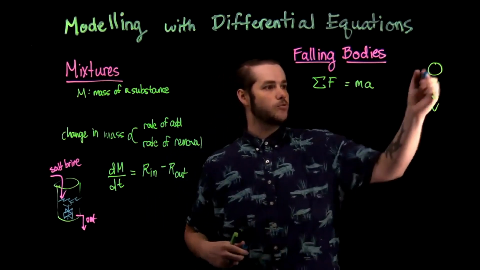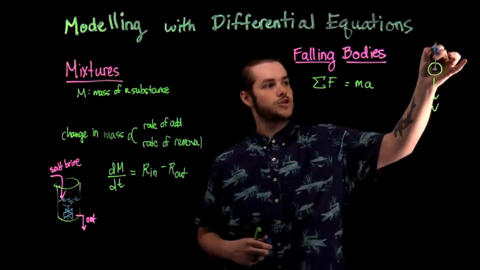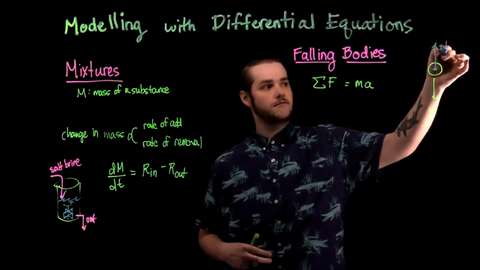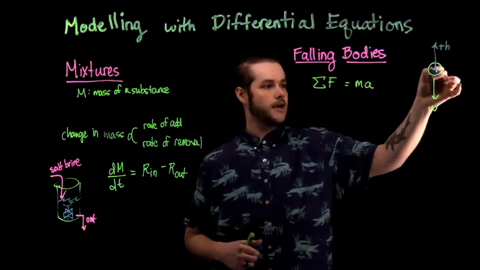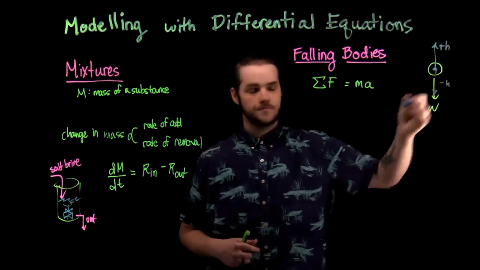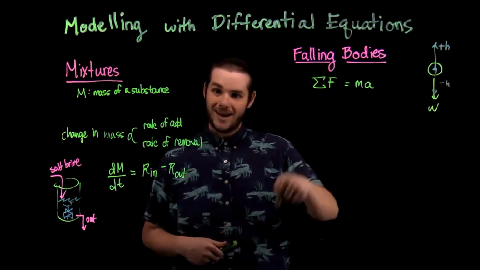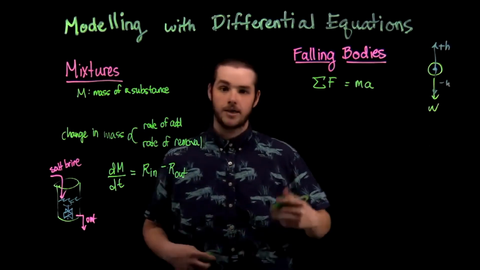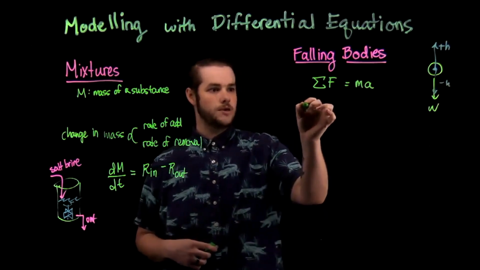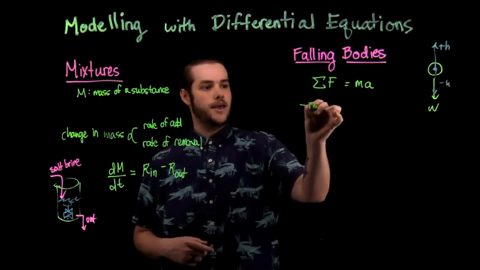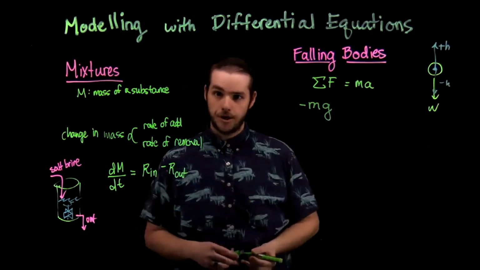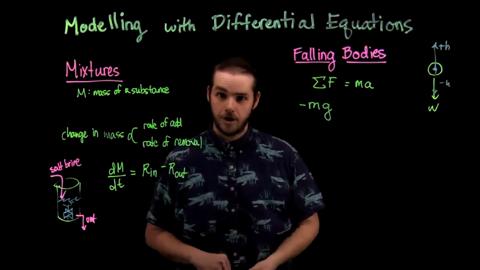So, if I set up a reference here, we usually like to call up positive, and I'll use h for height, and down negative. So in this case, I've got weight acting in the negative direction, and we know that its weight is going to be negative mg, where g is the acceleration due to gravity on Earth.